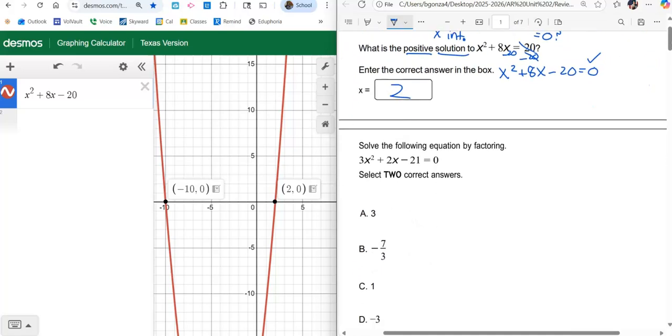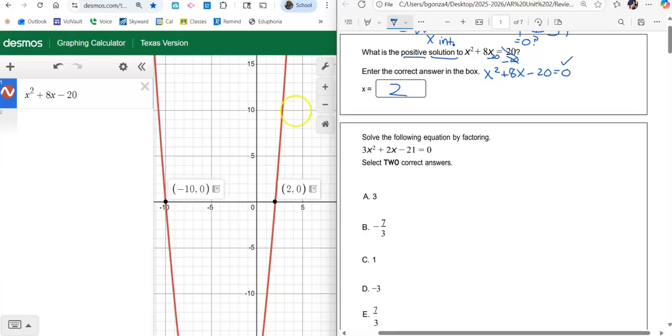On to the next one. On the next one, solve the following equation by factoring, okay? Now, if we're solving, once again, we want x-intercepts, okay?